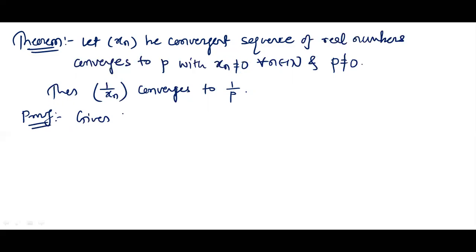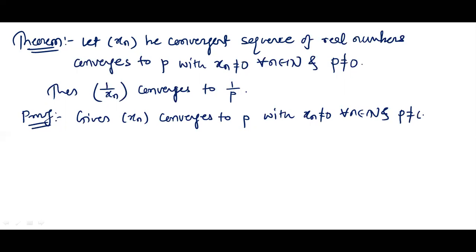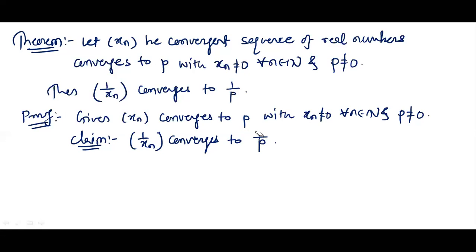We have given xn a convergent sequence of real numbers converging to p with xn not equal to 0 for all n belongs to N and p not equal to 0. We claim that 1 by xn converges to 1 by p.